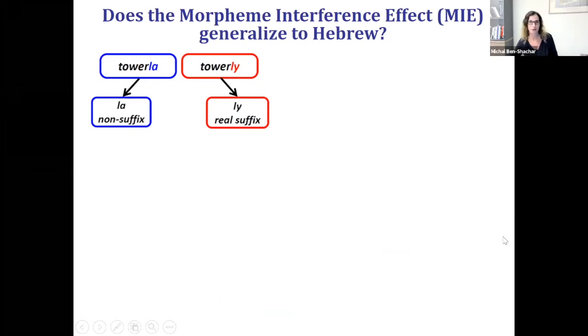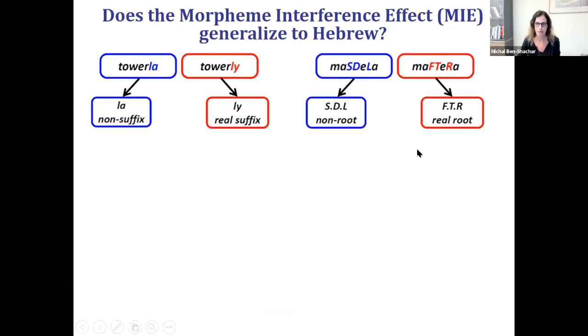So first thing we have to do is generalize the morpheme interference effect to Hebrew. This again was part of Maya's dissertation. And what we created is a paradigm in which, similarly to the English morpheme interference effect, we look at pseudo-words only. Both of these are pseudo-words. Some of them are derived from invented roots, and others are derived from real roots. And then we're looking for the cost of the real root in the pseudo-word.